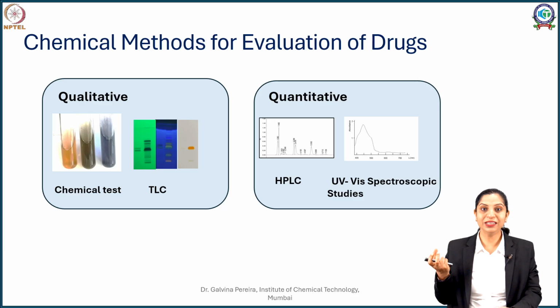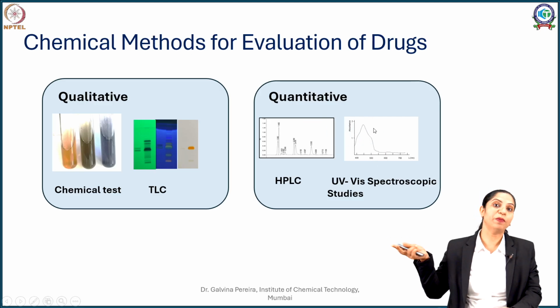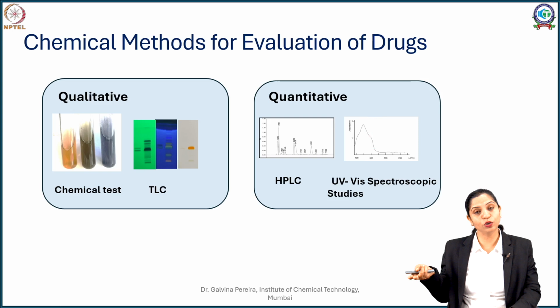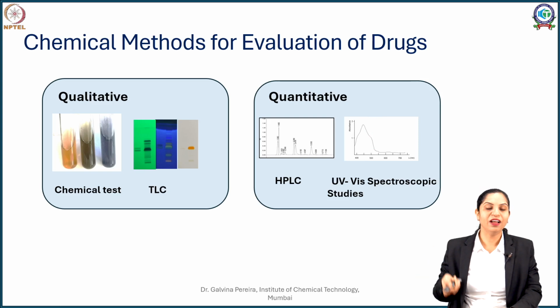Now coming to quantitative analysis, here you are going to quantify. That means how much of these compounds are present. If you see this graph, maybe in UV, there is something we call the absorbance value. The more the compound present, probably the higher the absorbance value. Whereas in HPLC, again the position of the peak will tell you whether the compound is there or not.